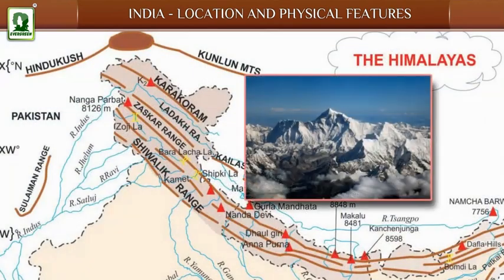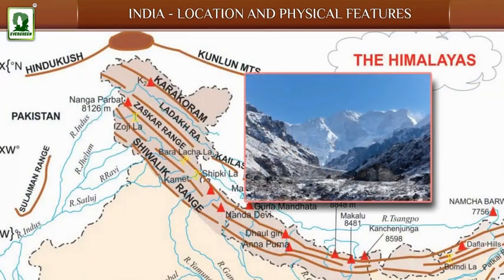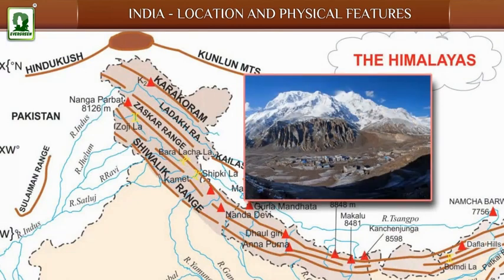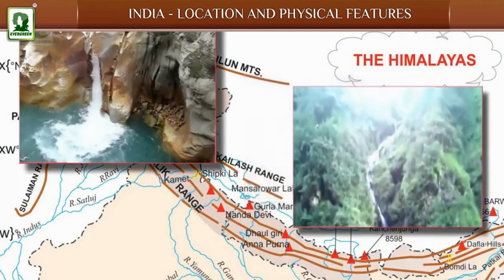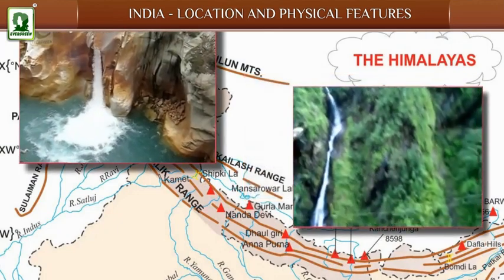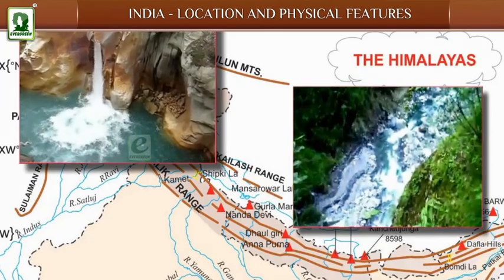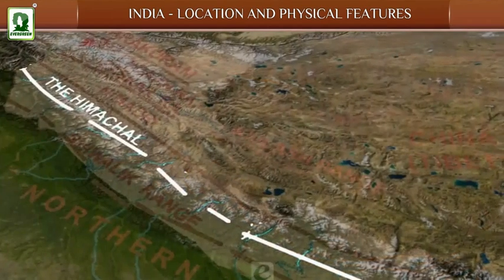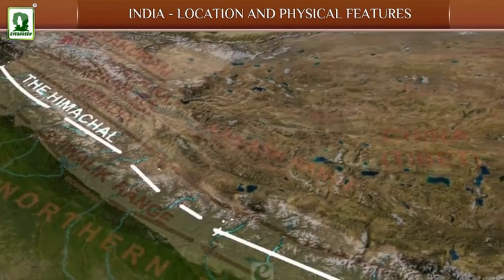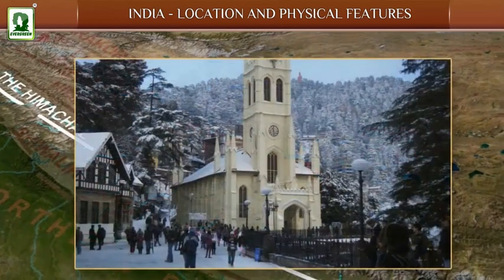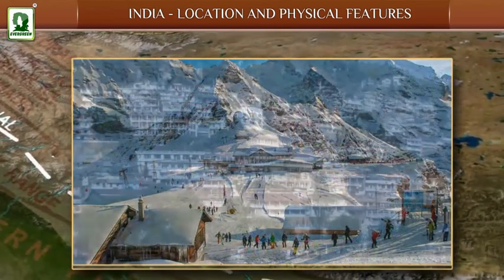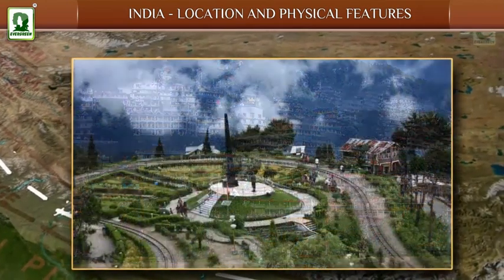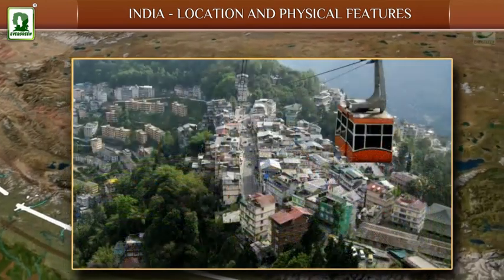Mount Everest, Makalu, Annapurna in Nepal, and Kanchenjunga, Nanga Parbat, Nanda Devi in India. There are many beautiful hill stations located in this range, such as Shimla, Mussoorie, Manali, Nainital, Darjeeling, Gangtok, etc.